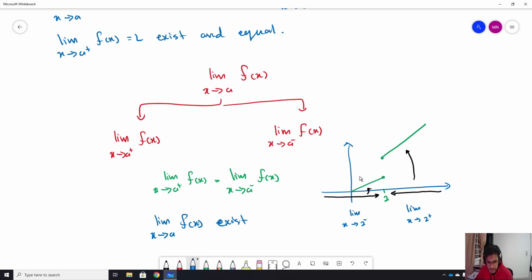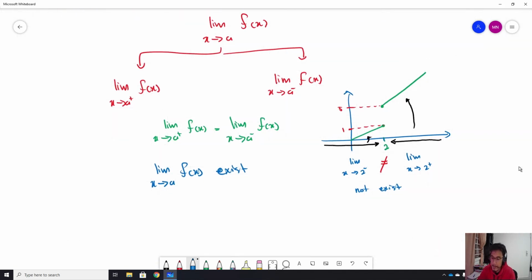So bila dia sama dengan 2, dia akan memberi nilai yang berbeza. Bermaksud ini contohnya 5, ini contohnya 1. So limit x approaching 2 from the left is not equal to limit x approaching 2 from the right. So means yang ni not exist.